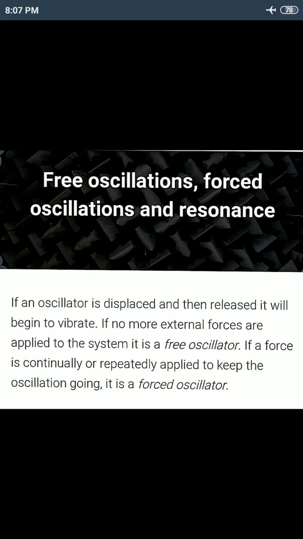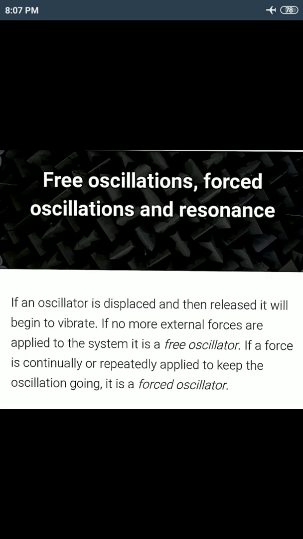But in a forced oscillation, the body will oscillate under the influence of an external force, not with its own natural frequency but with the frequency of the external periodic force. That type of oscillation is said to be forced oscillation.